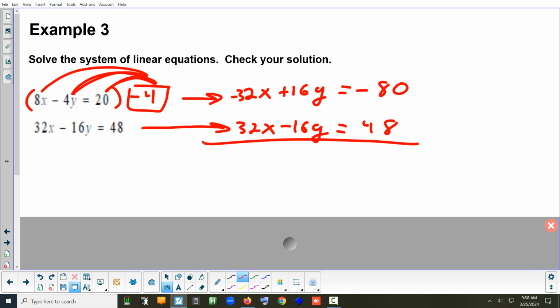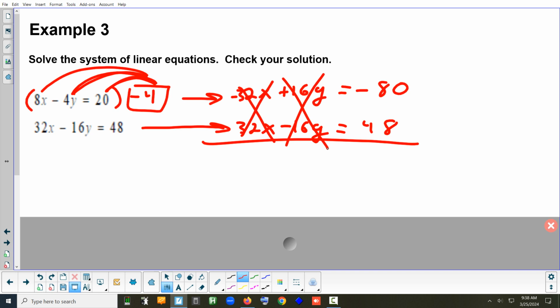Well, let's see. What's -32x plus 32x? 0x. So this is gone. What's 16y plus -16y? That cancels out. Whenever all your letters cancel out, now it's a special case.